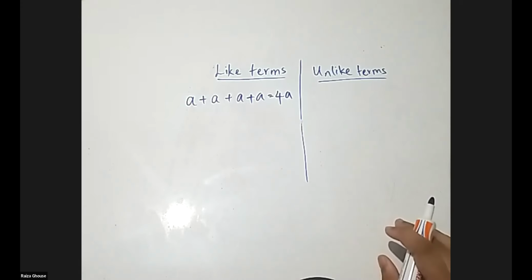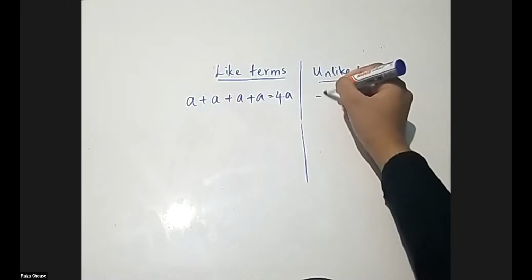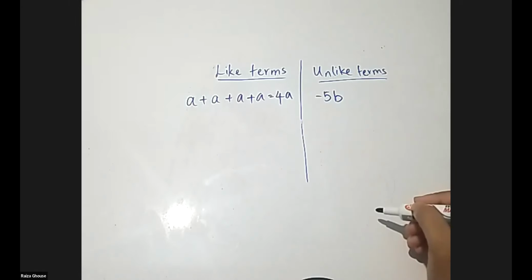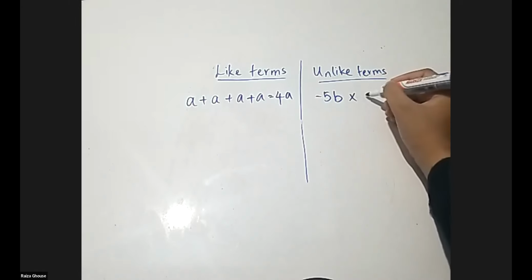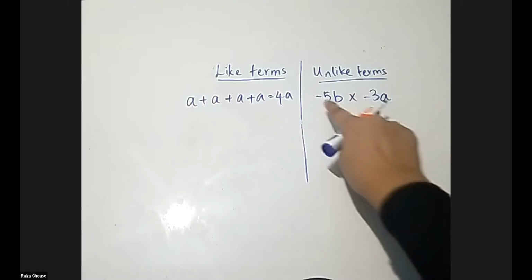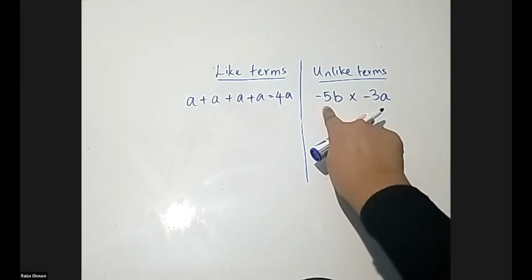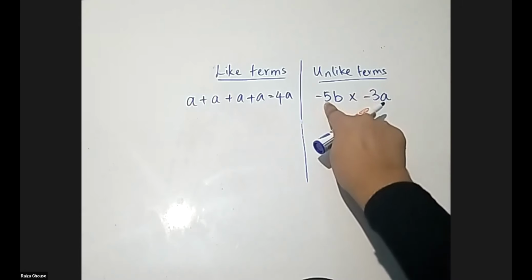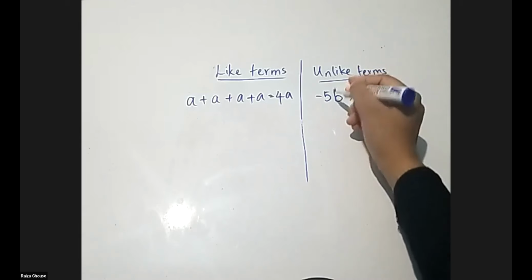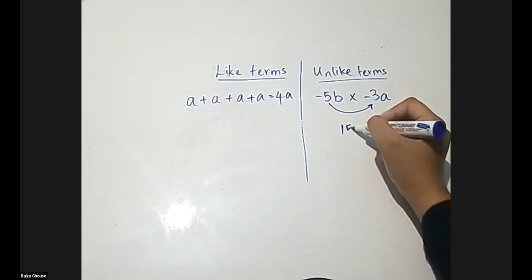And the other thing is unlike terms. For example, something like this: minus 5b multiplied by minus 3a. Now listen carefully, children. This number is negative and this number is negative, but anyway, these are numbers. They are from the number family, so you can multiply them. 5 multiplied by 3 is 15.